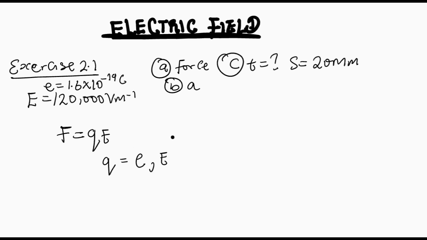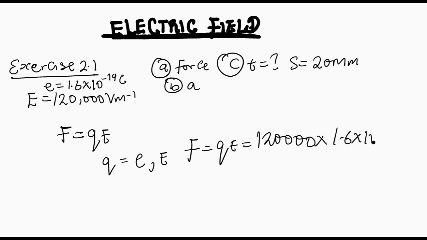So we just plug into this formula, that is F is equal to QE, that is 12,000 times 1.6 times 10 raised to the power minus 19. And what you have there is the answer, that is 1.92 times 10 raised to the power minus 14 Newton. Are we together now? Yes.